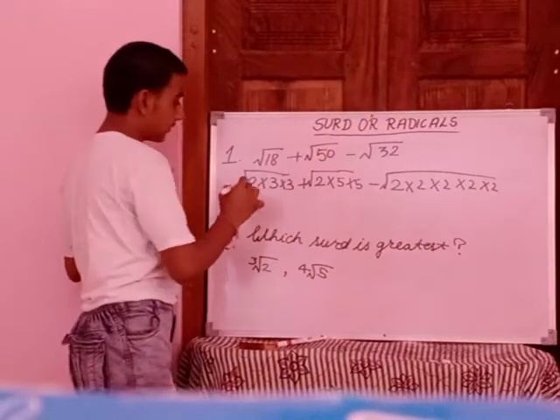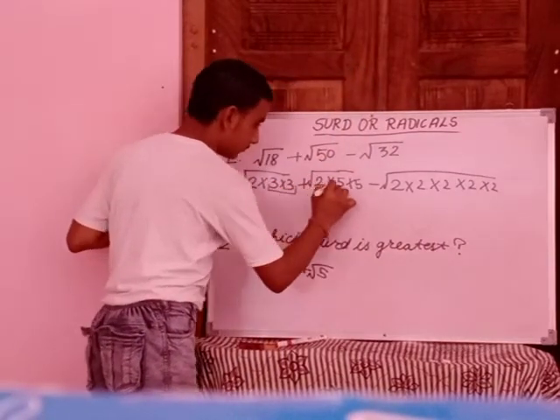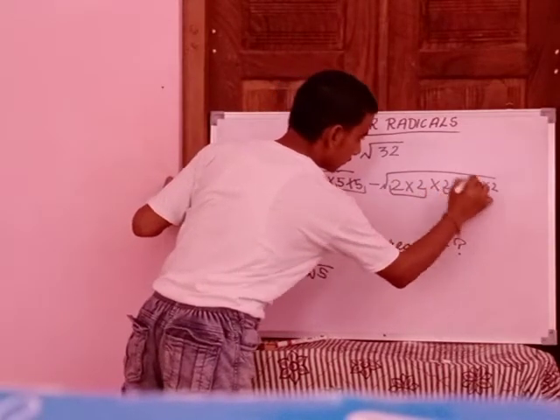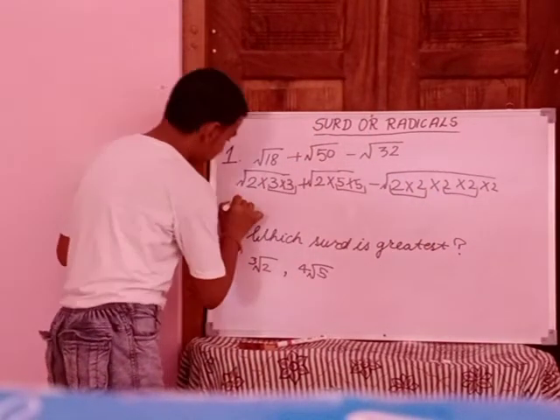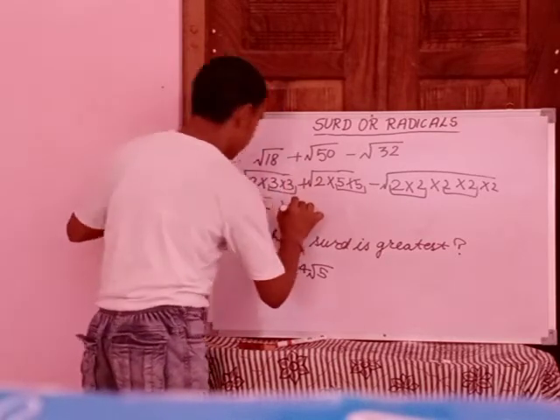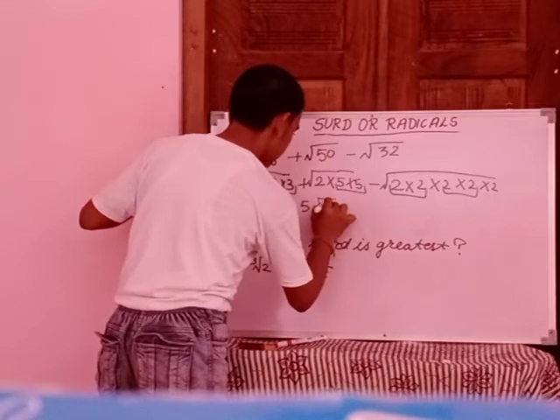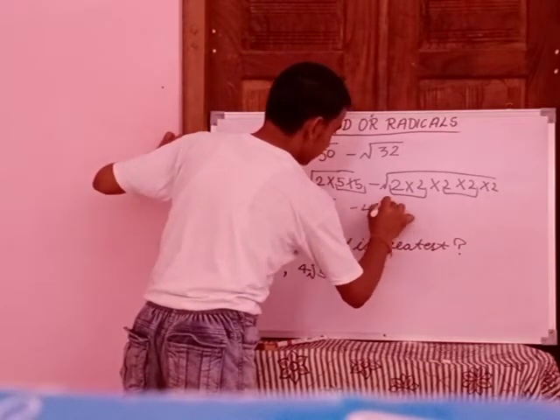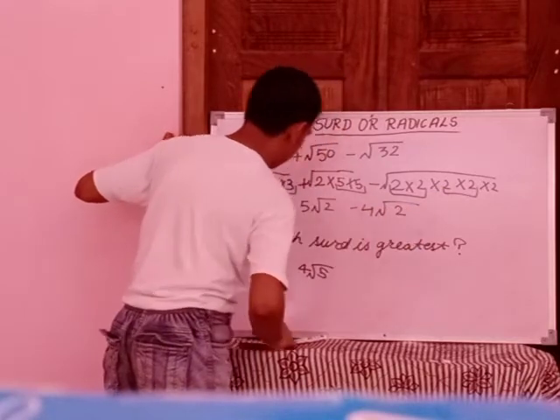Now let's make the pairs. In this pair 3 will come out, in this pair 5 will come out, and in this pair 4 will come out, and 2 remains inside.